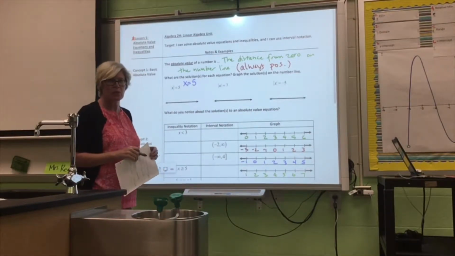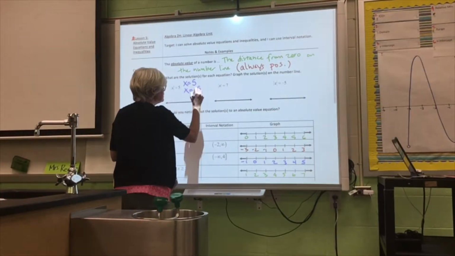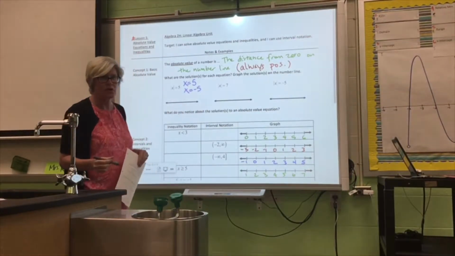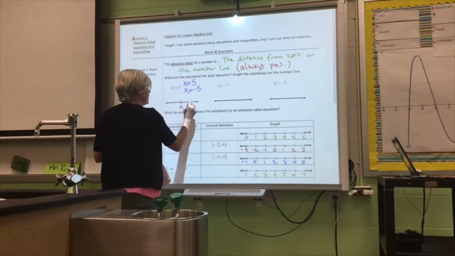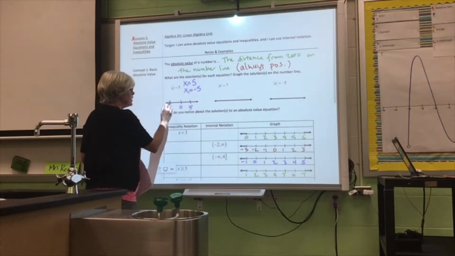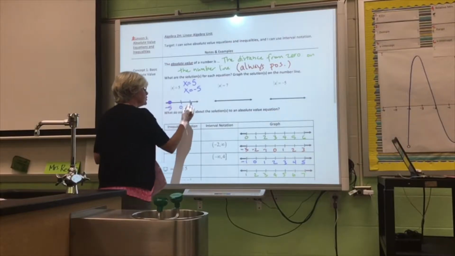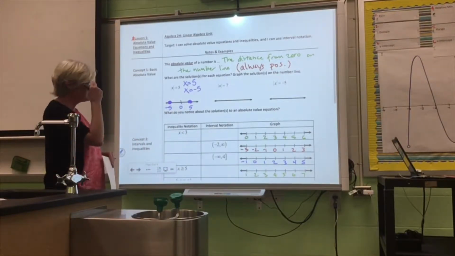But there's another one that works too. X equals -5 is also a solution. When I graph that on the number line, if I put a 5 on one side and a -5 on the other side, each of those is just going to be a point. It includes 5 and it includes -5, both of those.